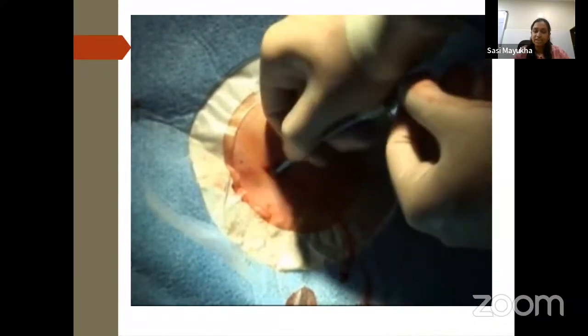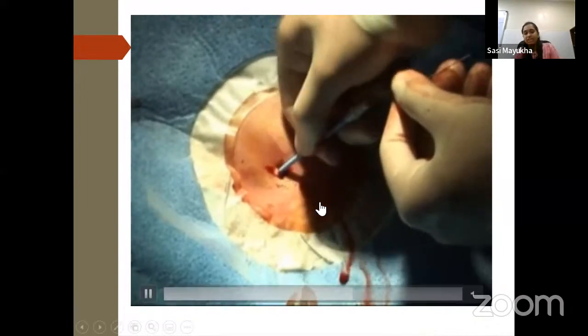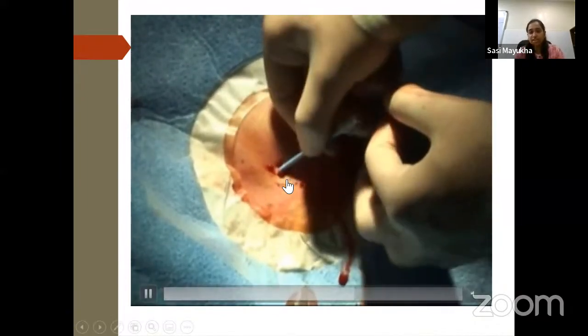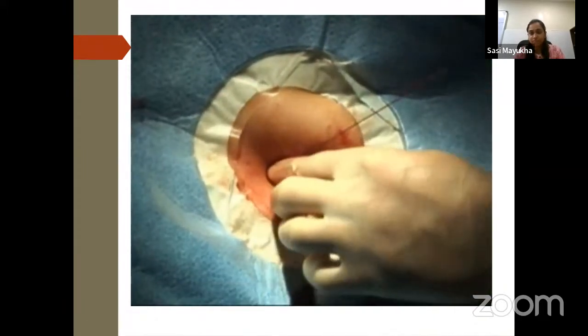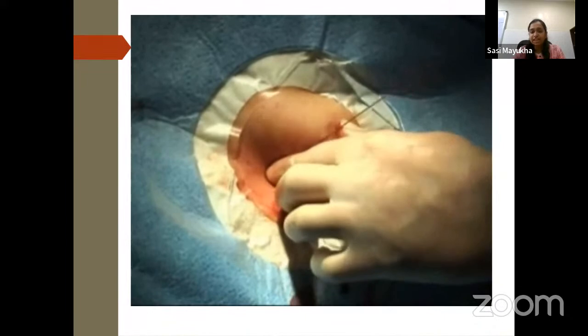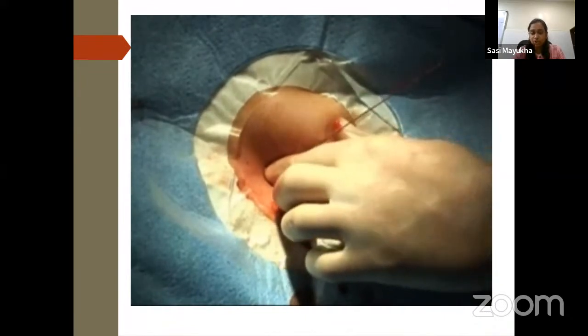Once the dilator is passed, here you can see how he is dilating the vein. The rotatory movements are very important in dilating any vein. After you have dilated it, then pass the catheter over the guide wire.